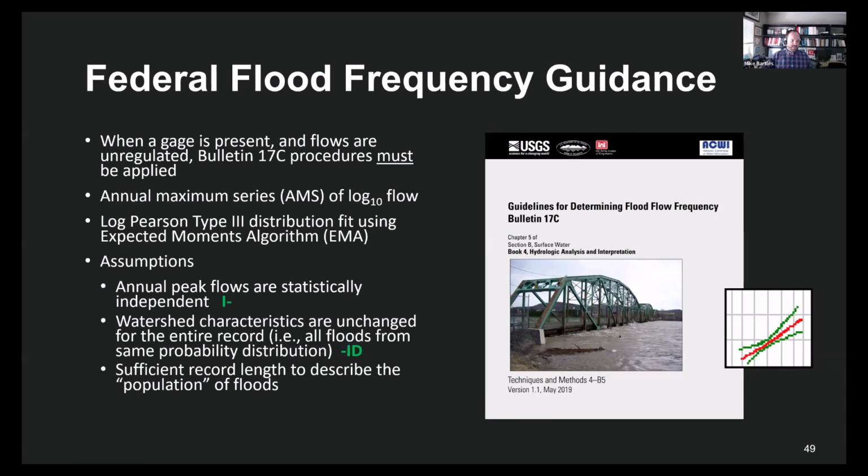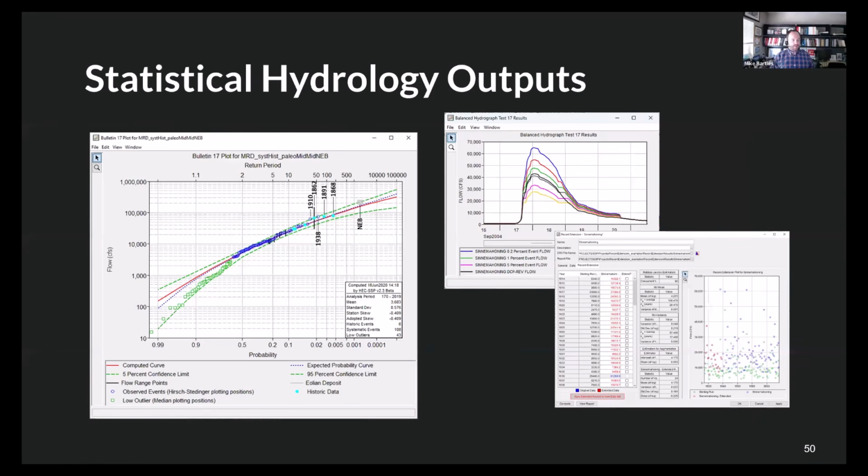There's a lot more detail that goes into it than that, but that allows us to infer flood frequency throughout the entire range of probabilities. So given those methods, we can estimate flood frequency like those shown on the left-hand side here, from probabilities of 1 all the way to 0, or near 1, near 0 as well. Very, very rare. We can extrapolate beyond the range of observed data.